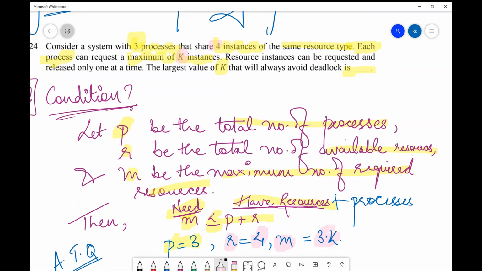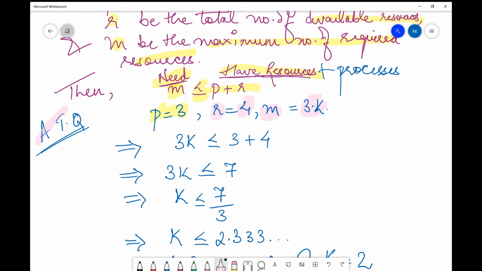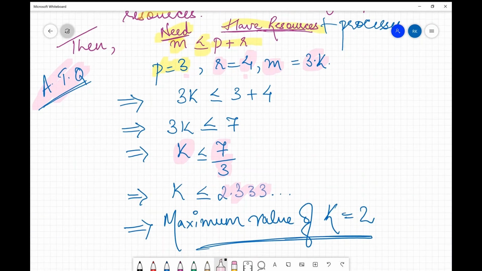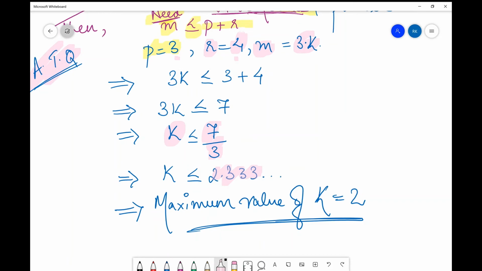Then I'll put these values in the equation according to the question: 3k is less than or equal to 3 plus 4. When you simplify this, it comes out to be k is less than or equal to 7 by 3, which is 2.333, and so on.